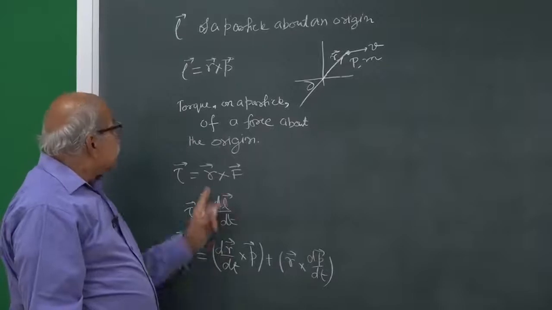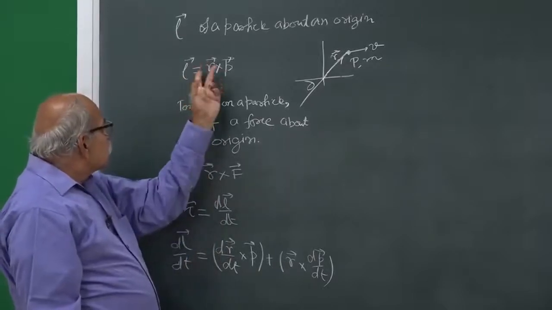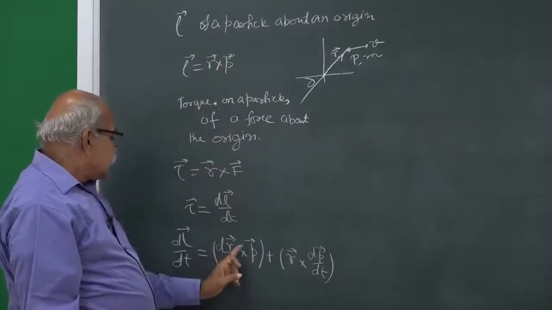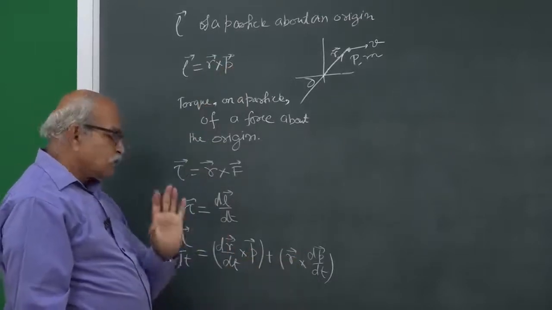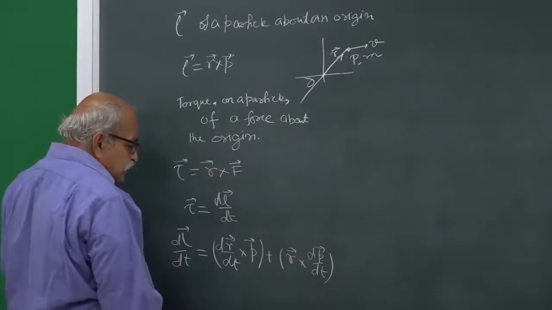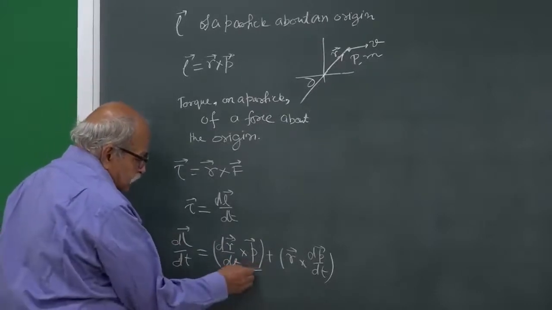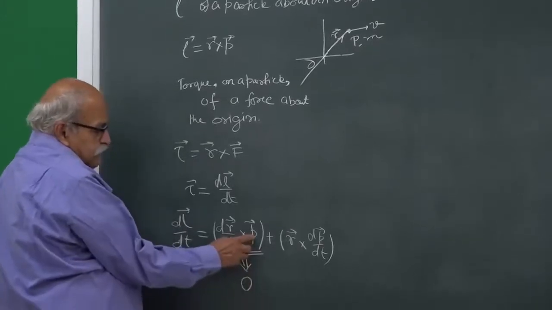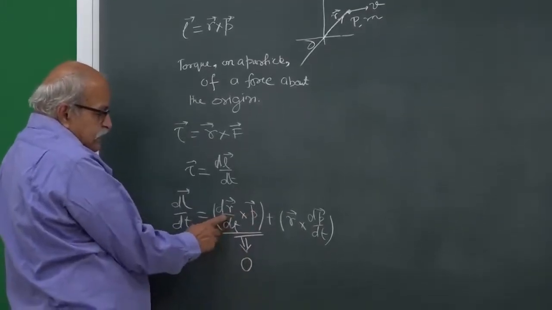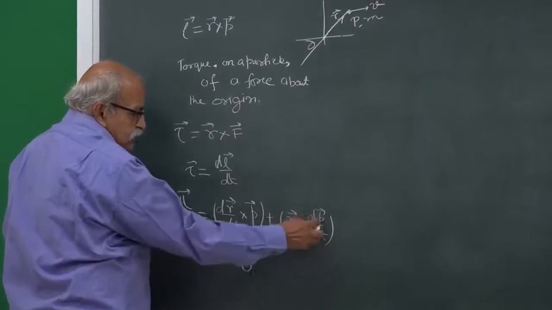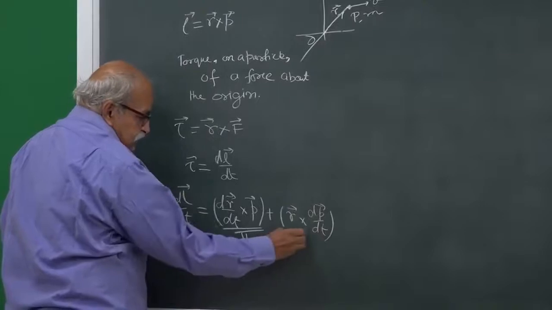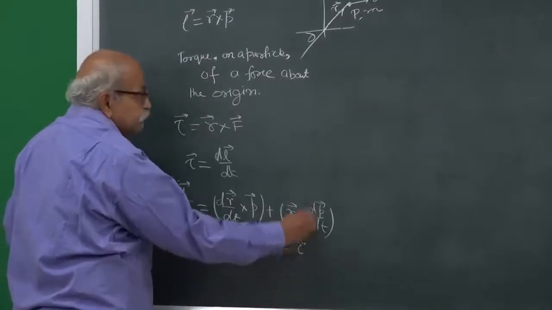Now, it is important that the order is not changed: r first, p next. So, this order should not change, and then one sees that this is 0, this is 0. Why? This is parallel to velocity, this is velocity itself. So, this is 0, and this is force, the resultant force dp/dt, and therefore, this is equal to tau. Simple.